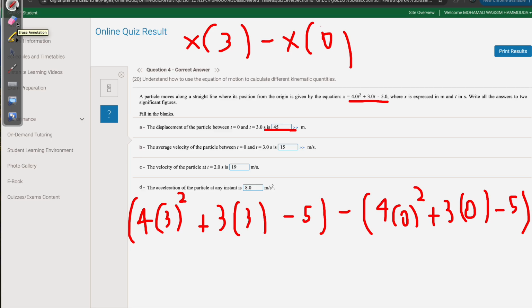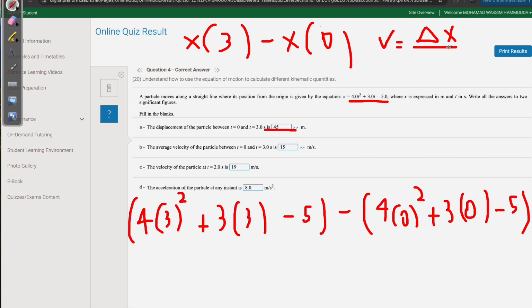The average velocity of the particle between t is 0 and t is 3 is equal to... For this one, we're just going to do it again. As we know, velocity is equal to delta x over time.